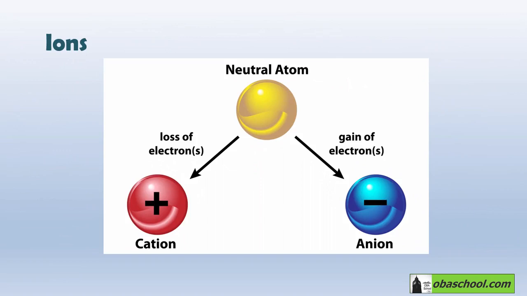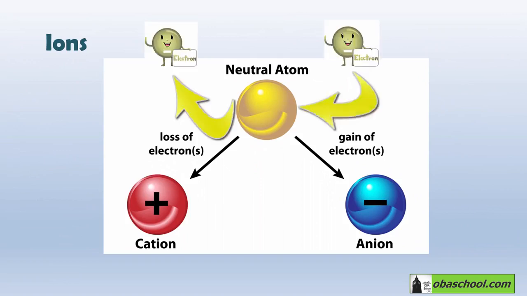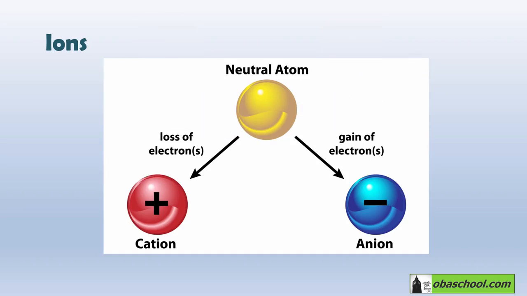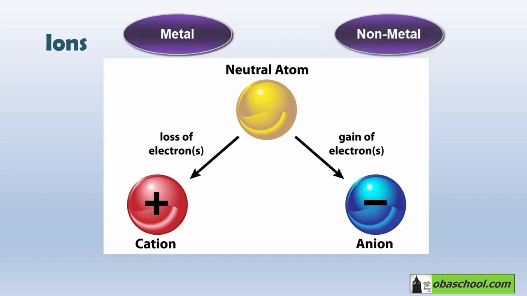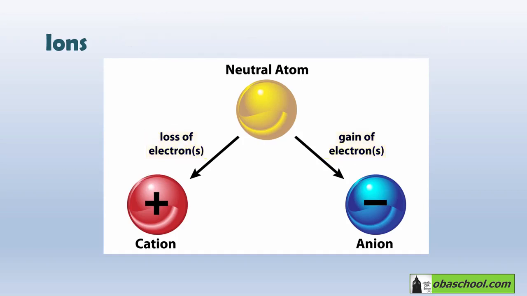However, these atoms tend to lose or gain electrons in some chemical reactions, such as when a metal reacts with a non-metal. So during a chemical reaction, when a metal reacts with a non-metal, these atoms will tend to lose or gain electrons.